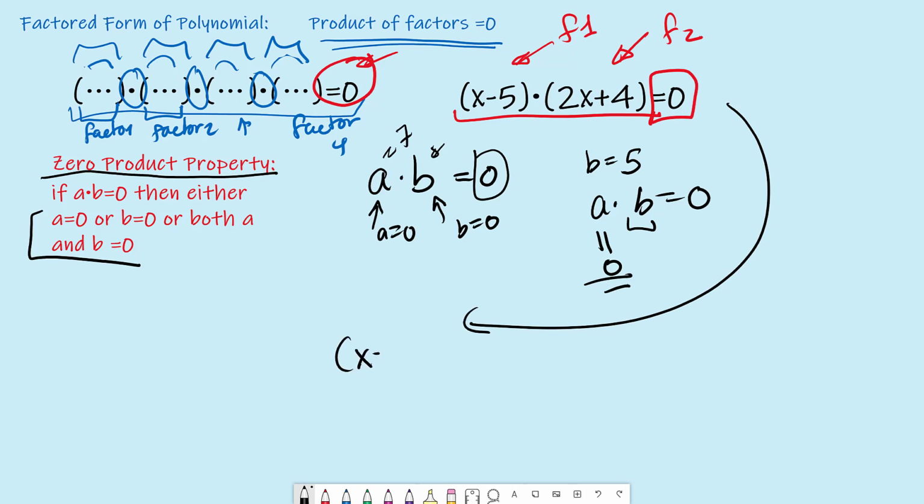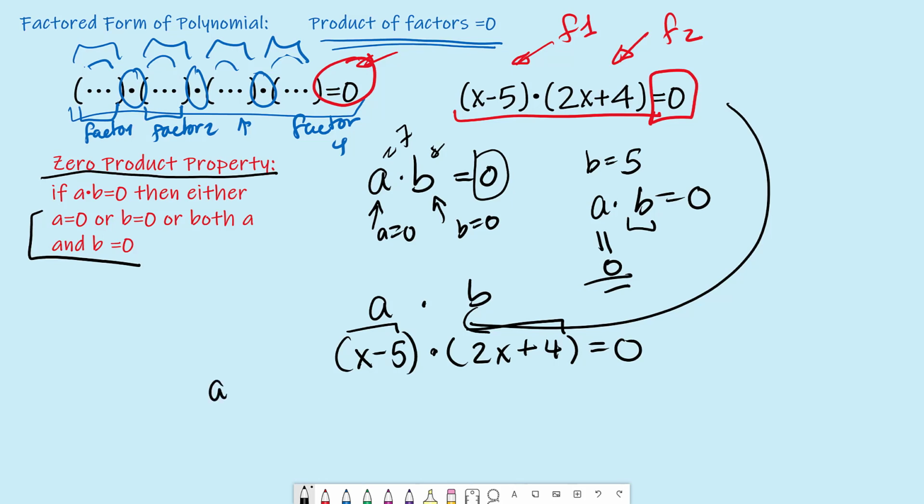So we have x minus 5 times 2x plus 4 equals 0. So we have this combination of A times B, right? This is our A and this is our B. And we said that if A times B equals 0, either A equals 0 or B equals 0. What does that mean in this case?